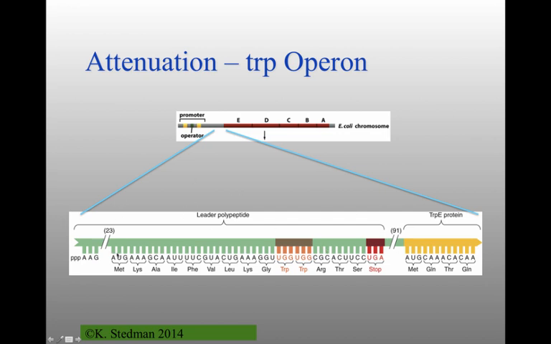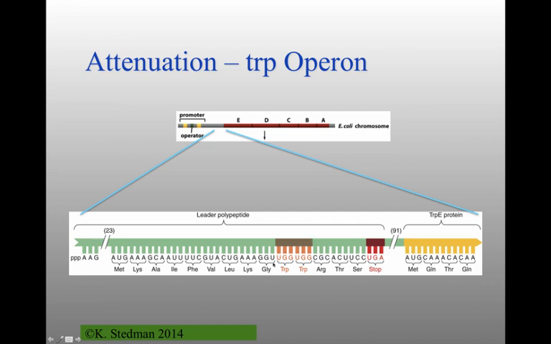And there's a ribosome binding site right next to this. And then right in the middle of it, there are a couple of tryptophan codons. What this means is, this piece actually will get translated, because of the ribosome binding site, getting to these two tryptophan codons.